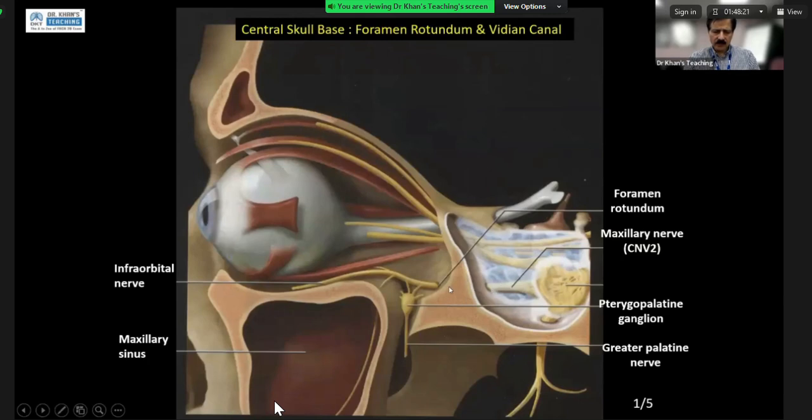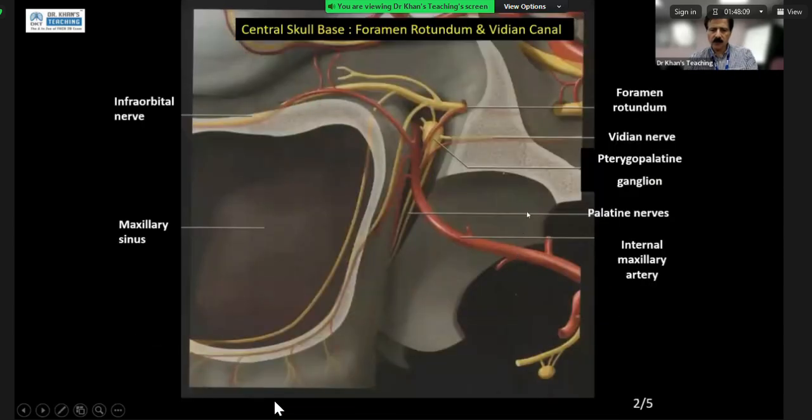You remember that this is foramen rotundum, where the V2 is passing anteriorly. And if you see here, this is the V2 and this is the Vidian canal, and we will see how it looks on a coronal. It is beautifully seen on a coronal CT scan.